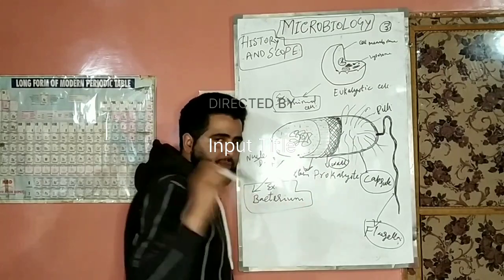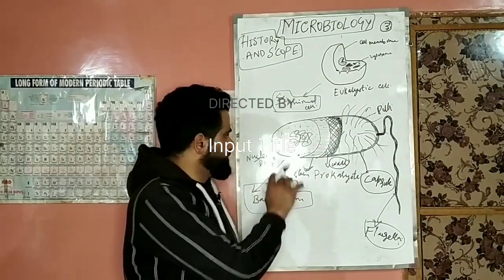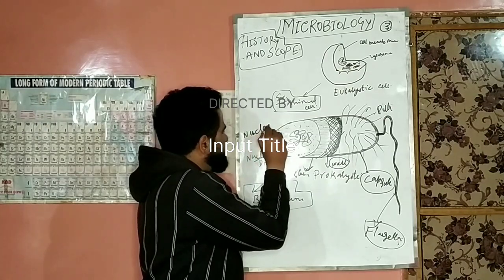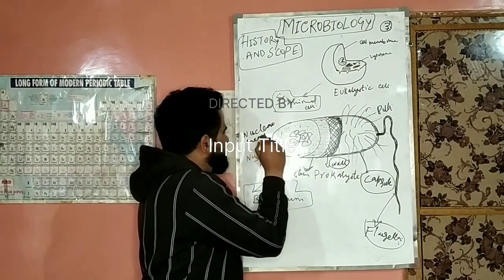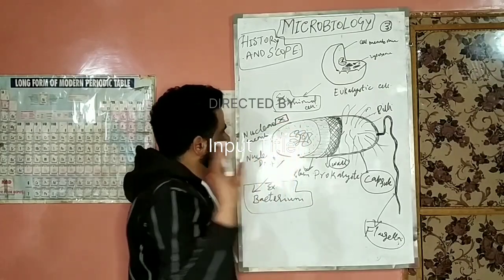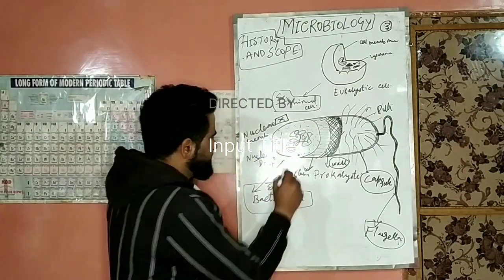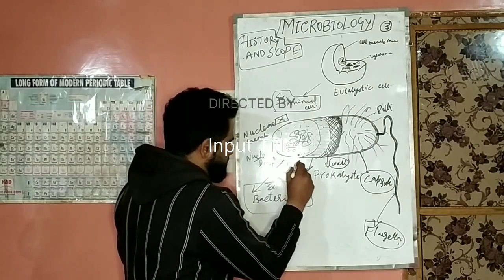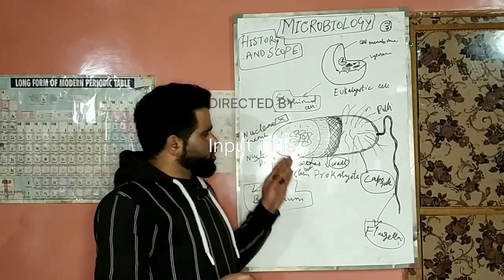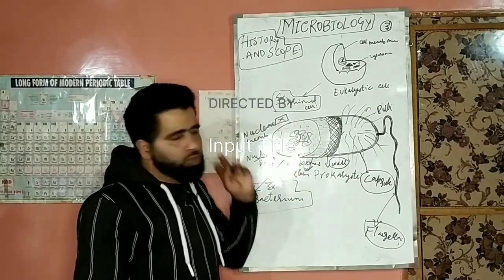Here there is no compartmentalization, no membrane-bound organelle, no nuclear membrane. Nuclear membrane absent. These ribosomes are smaller as compared to the eukaryotic cell.